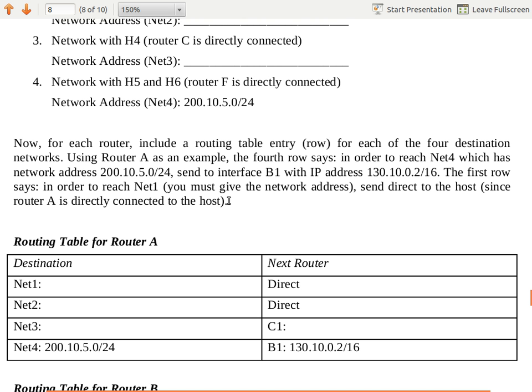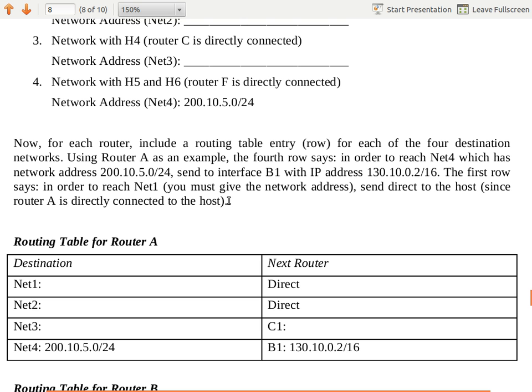From router A's perspective, if it has a datagram destined to network 4, it must get that datagram to router F. Which path to take to get to F? You find the least cost path and find the next node in that least cost path.